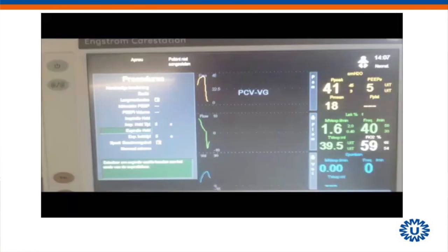I think it is the last one, but I'm not completely sure. See, peak pressures are high, and we made an expiratory hold. But look at what happened when we did the expiratory hold.